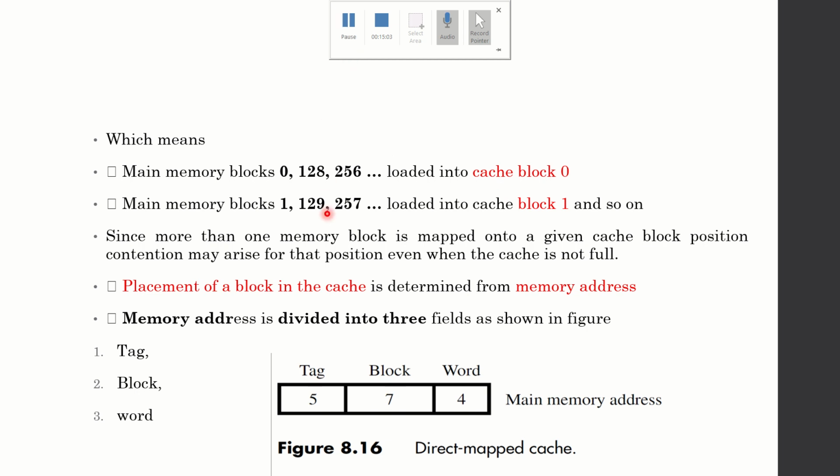So this is how the direct mapping method works. The common idea is that suppose we are taking the jth block of main memory. If 128, based on the example we are working on, is the total number of blocks in the cache, then to know in which cache block we will place the jth block of main memory, we use the equation J mod 128.